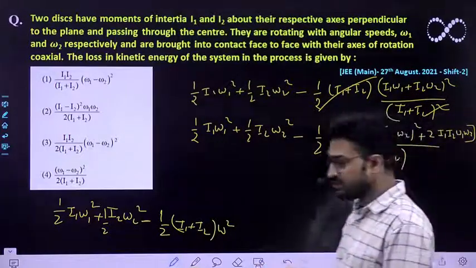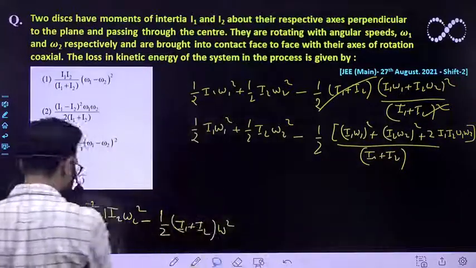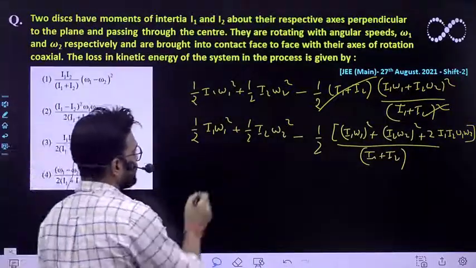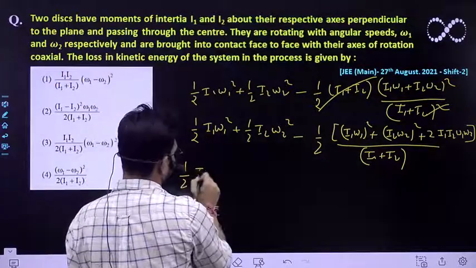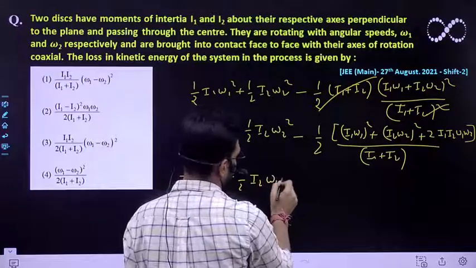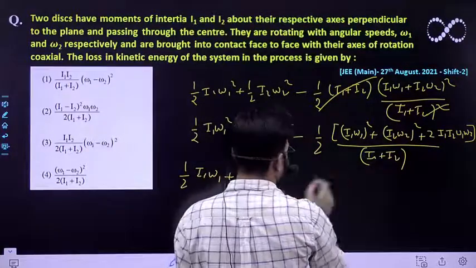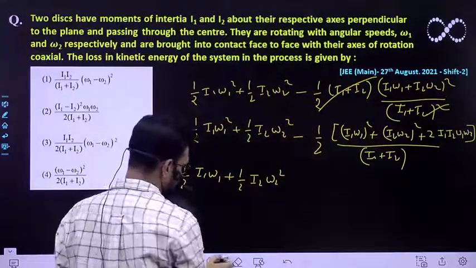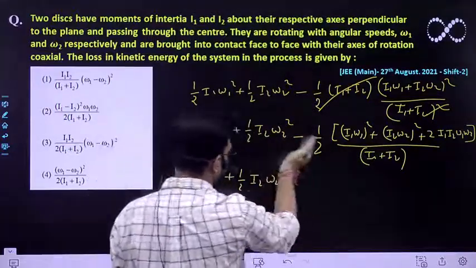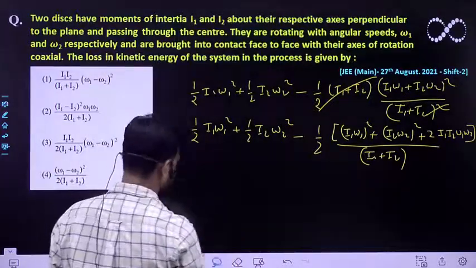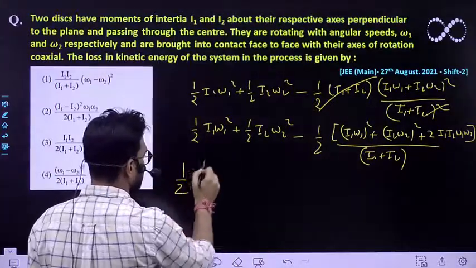Okay, again further we have to solve this expression in order to get our net result. So the half can easily come out from all these terms. So eventually what you'll be getting is this expression as half can come out.